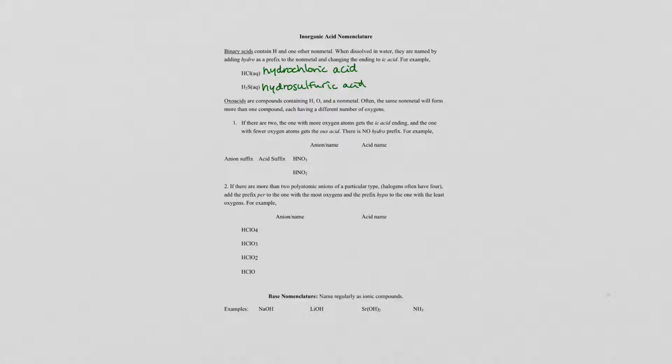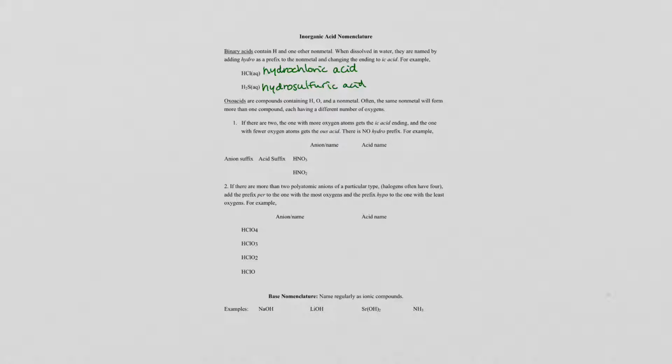We're definitely starting by talking about nomenclature for how we're naming these things called oxoacids. These contain those acidic protons, hydrogens, and polyatomic anions with oxygen in them. Oftentimes the same nonmetal will form more than one compound with a different number of oxygens.